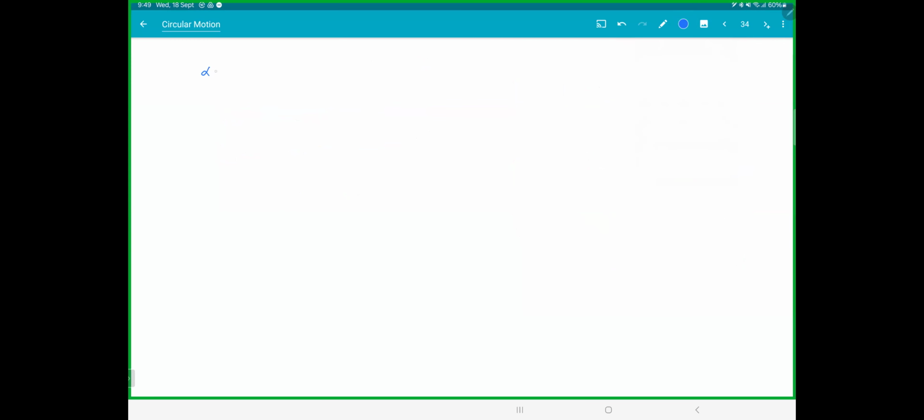So we have alpha is equal to minus k omega. So alpha can be written as d omega by dt is minus k omega. Bring that omega here: d omega by omega is minus k dt. Integrate on both sides.